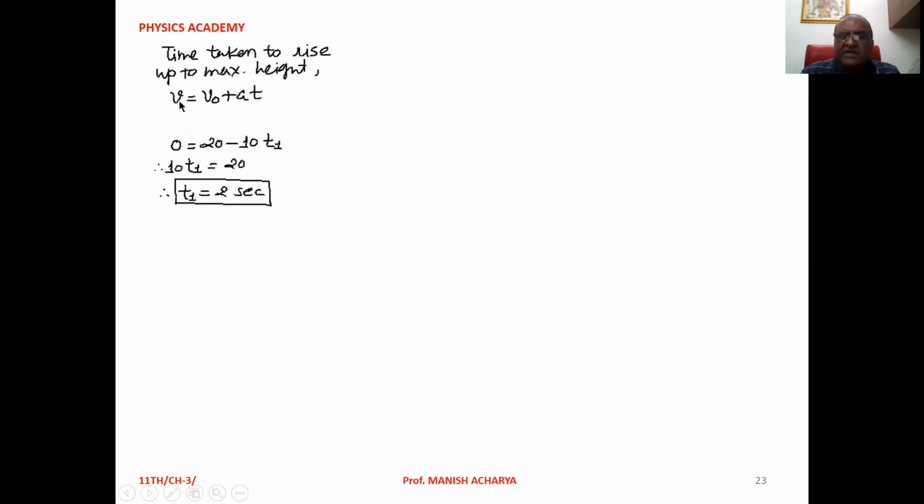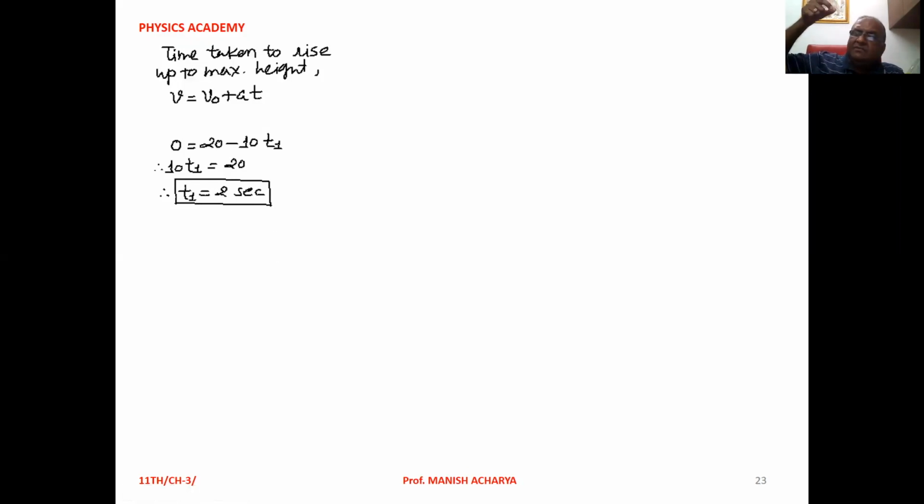We can use the equation v equals v0 plus at. When it reaches the maximum height, final velocity is 0, initial was 20 given to you, acceleration you have to take minus 10, and the time taken to cover the distance A to B, from the top of the tower to the maximum height, is considered as T1. So here we will get T1 as 2 seconds.